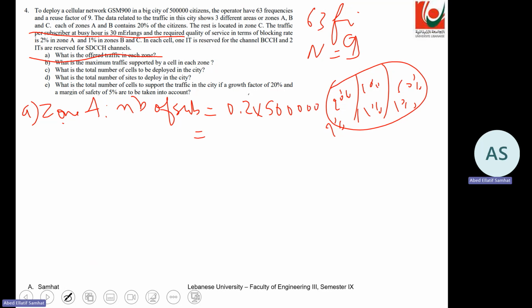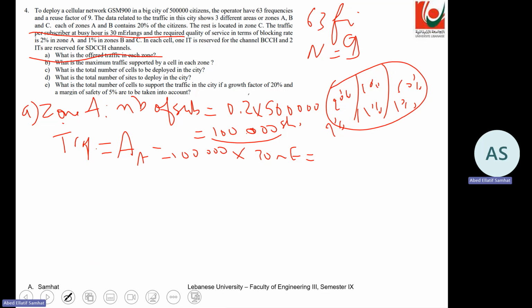In this case, it will be equal to 100,000 subscribers. And the traffic in zone A, let's say AA, is equal to 100,000 times 30 milli-erlang. It will be equal to 3,000 erlang.